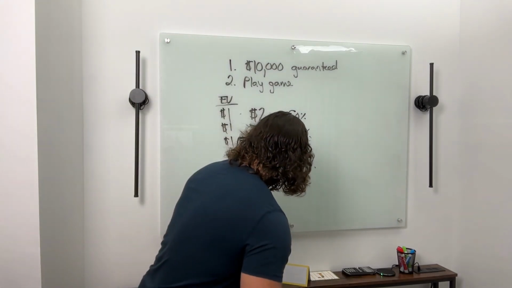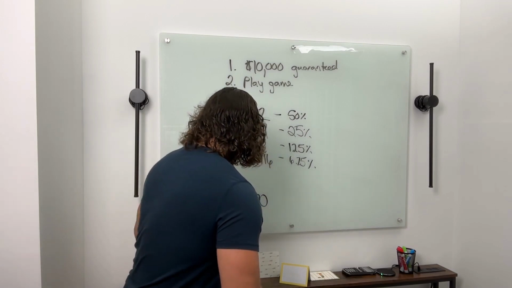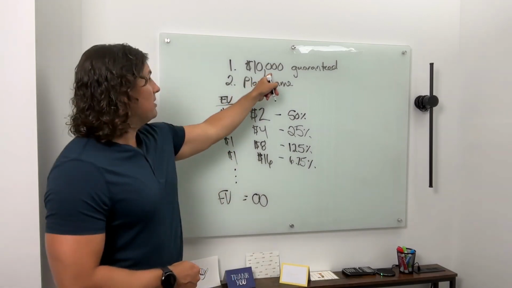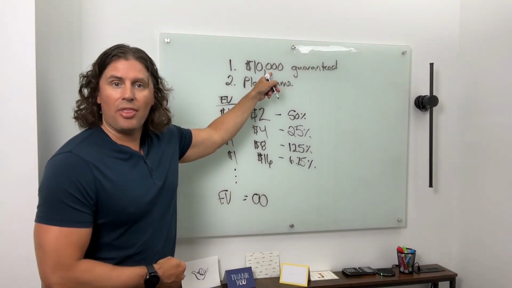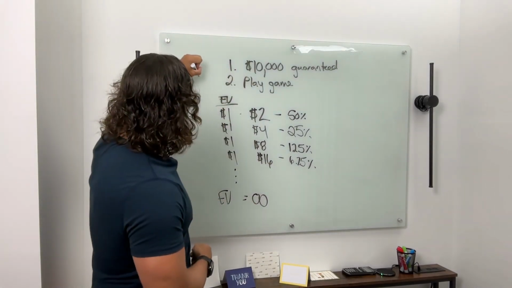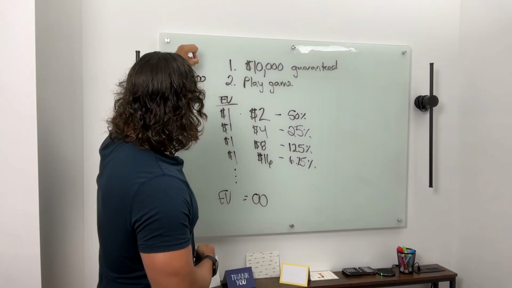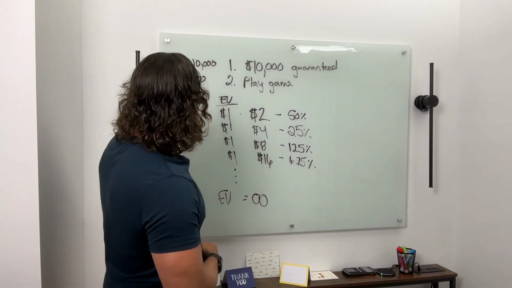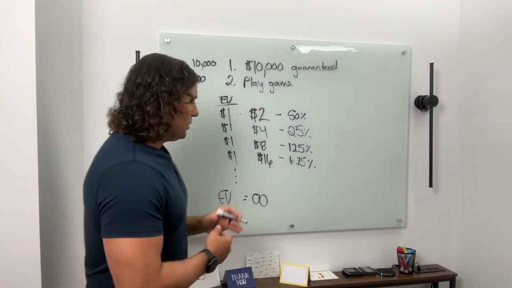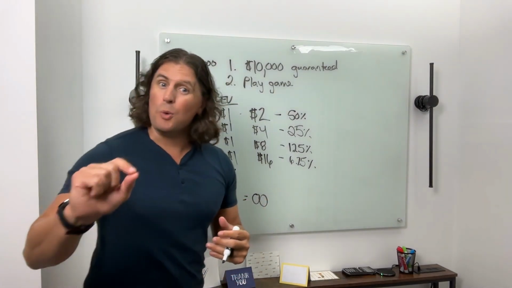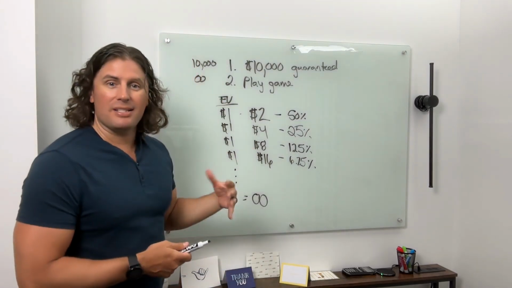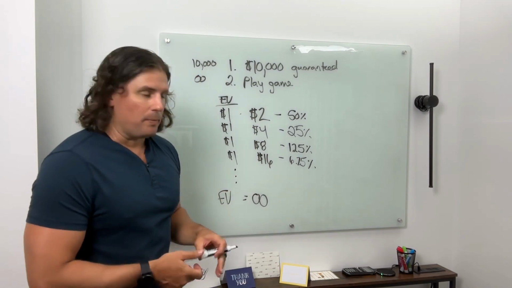So we'll write the infinity, and that's our expected value for option B. Expected value for option 1 is $10,000. So if we compare the expected value of infinity to 10,000, infinity wins all day long. And so expected value maximizers are playing the game because that's the expected value.